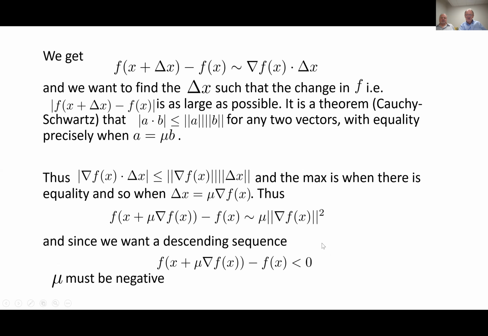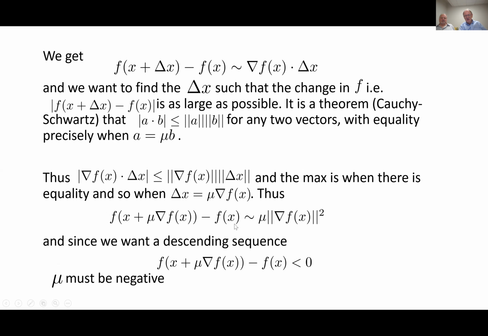Then, using a theorem from linear algebra, you can show that this gives the fastest descent.